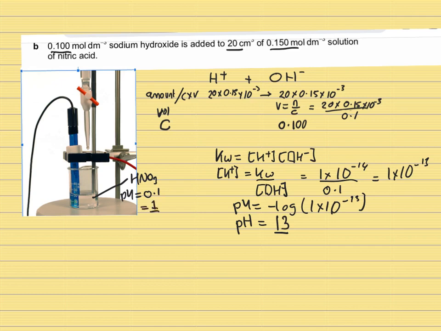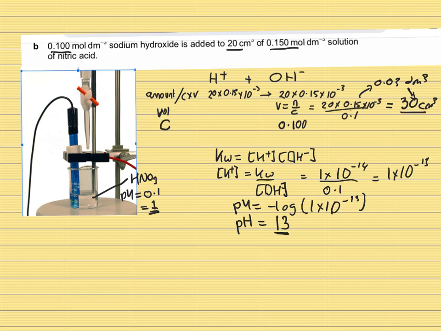So we know the start pH, we know the end pH, and we know it's a strong acid, strong base, and we also know the volume of sodium hydroxide needed to neutralise that acid is 0.03 dm cubed or 30 centimetres cubed. To make it look nice on our titration curve, because our burette we're adding in centimetres cubed, convert that to centimetres cubed.